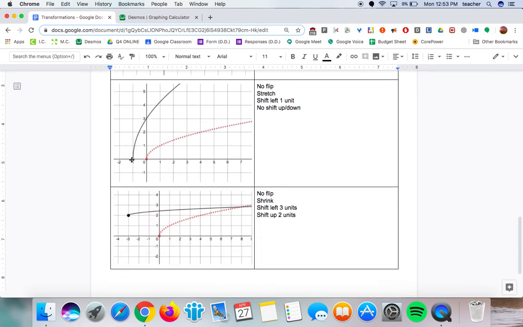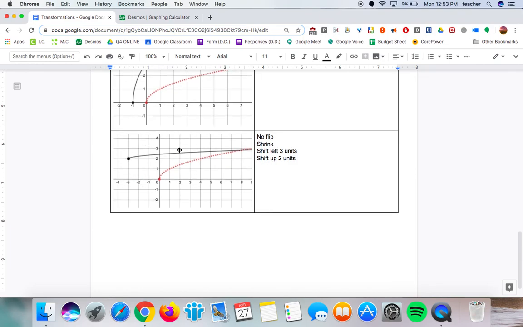Similar on this one, we can see that this one is very tall. It's not flipped over, but it is stretched out. And we can see that it moved to the left 1, but it didn't go up or down at all. So this one just has a shift left. Same thing on this one. It's not upside down, but it is very small. It's shrunken down, so we have a shrink there. And then you can see that we shifted to the left 3 and up 2.